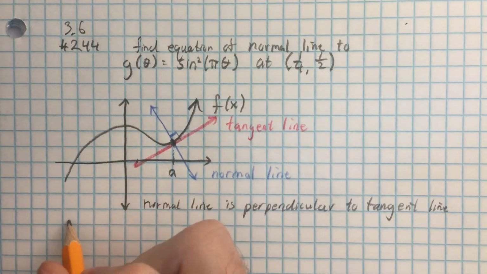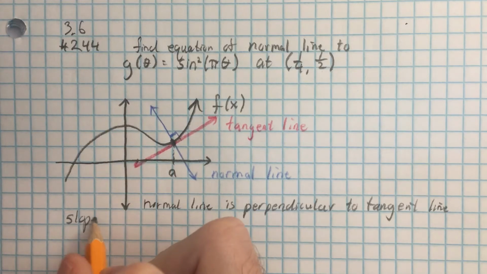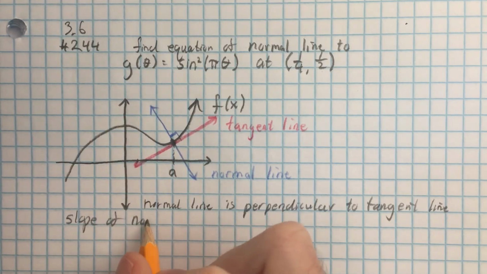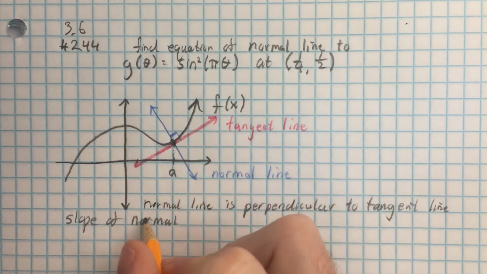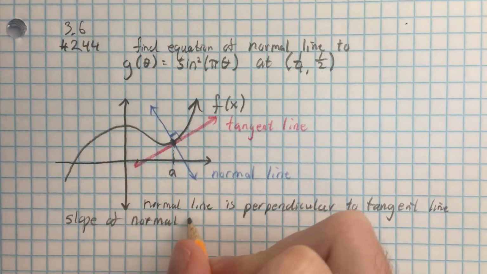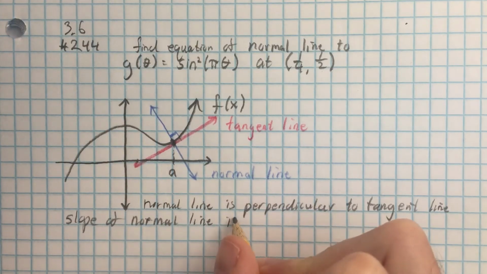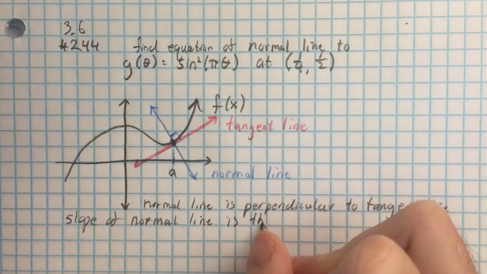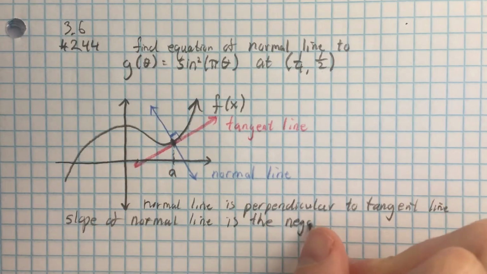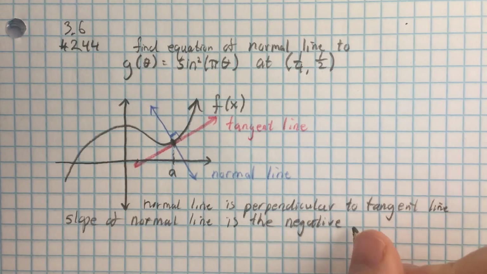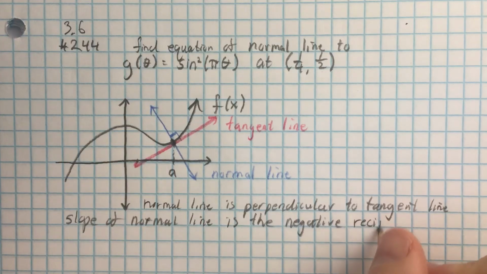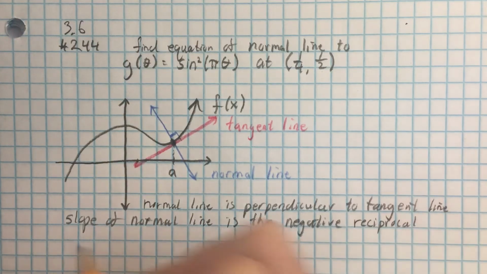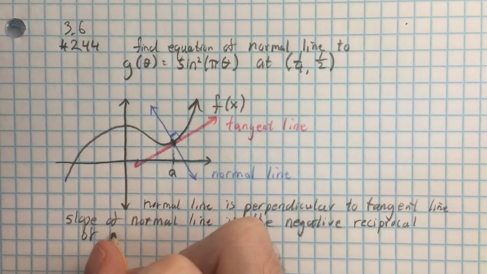Therefore, the slope of the normal line is the negative reciprocal of the slope of the tangent line.